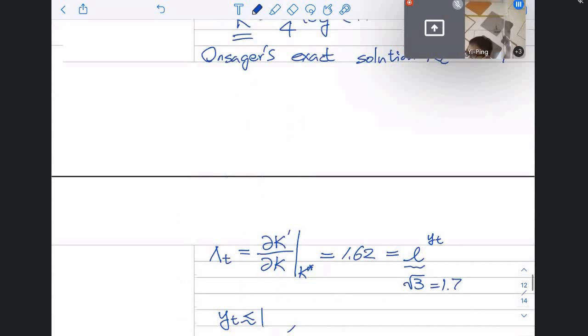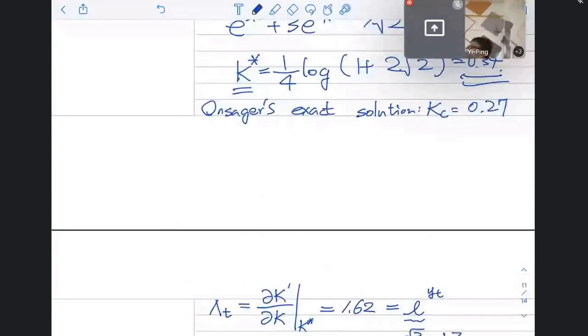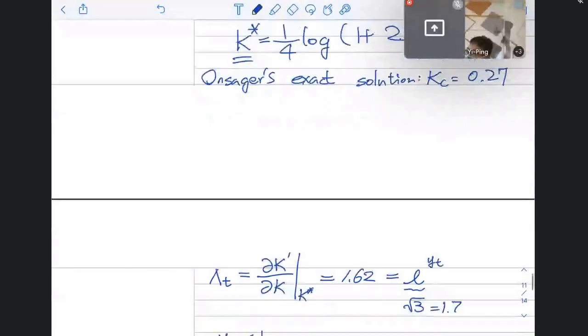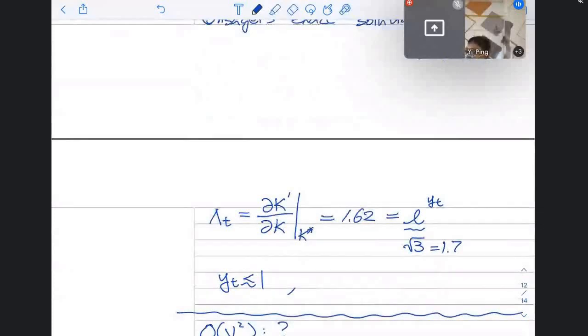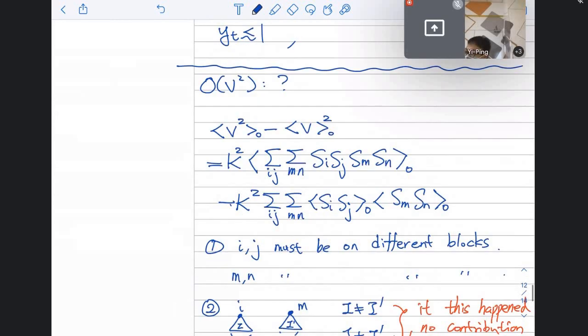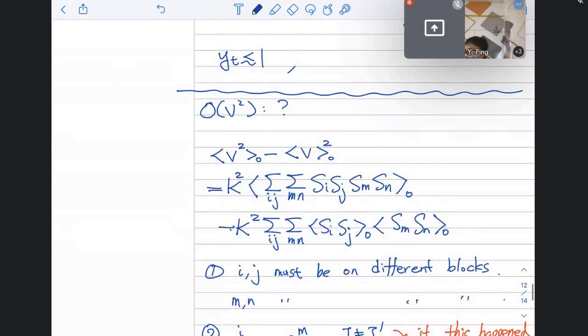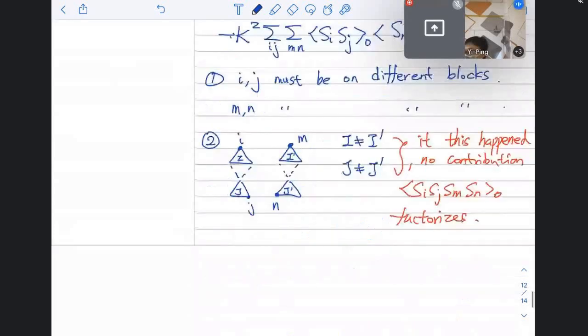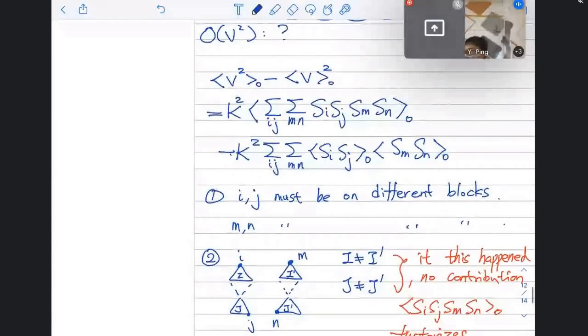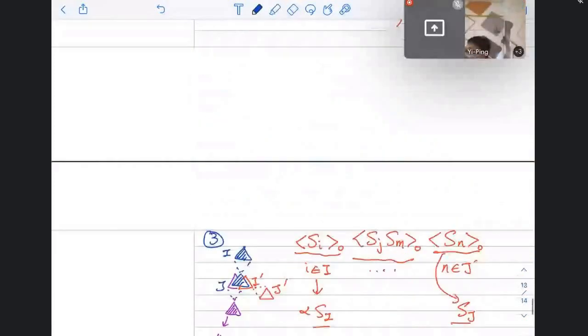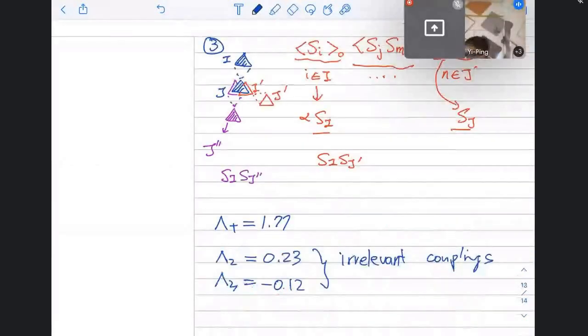And then, furthermore, you can use that to calculate the critical exponent and evaluate this y_t exponent. And it turns out that this y_t exponent is just slightly below 1, which is the exact value according to Onsager's solution. So you can do it better by considering it to V squared, but you realize that you will generate more terms, but these terms will have coupling constants with eigenvalues smaller than 1, which means they are irrelevant couplings.